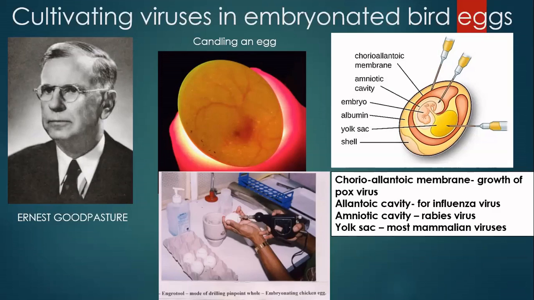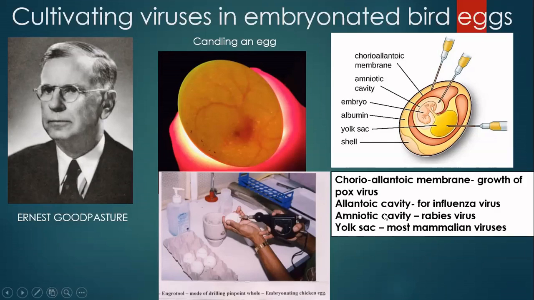The inoculation into the allantoic cavity is the most popular, and it's a simple method. It is employed for the growth and replication of the influenza virus for vaccine production.